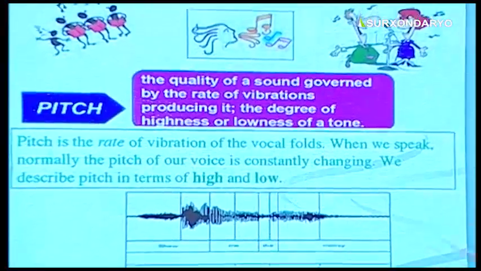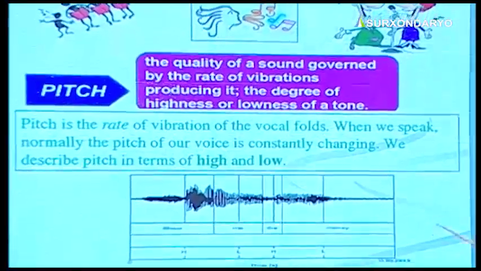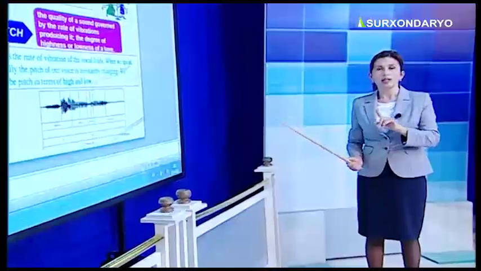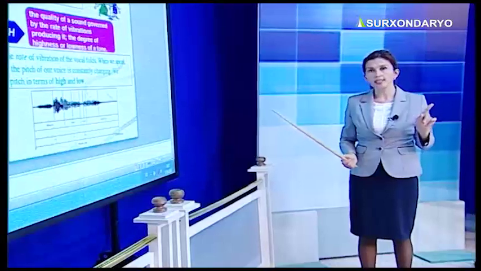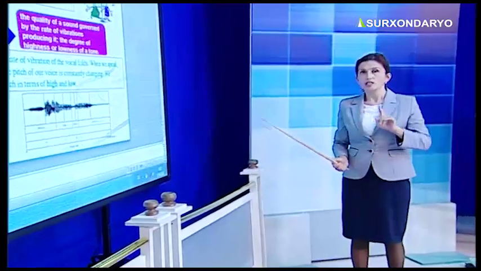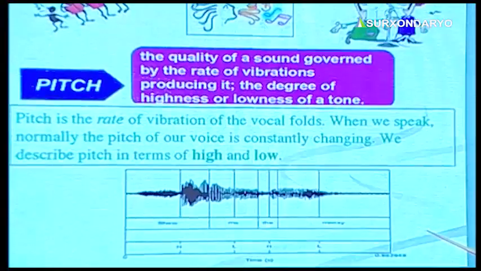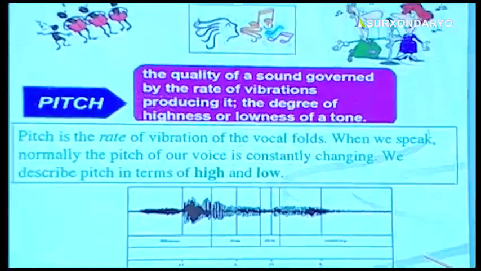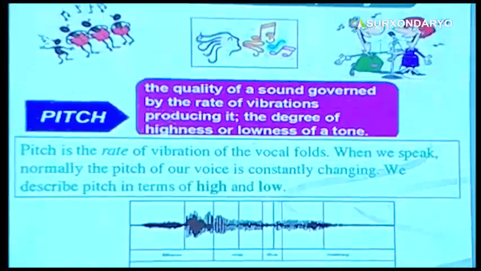From the classification of consonants and vowels, all vowels and voiced consonants are voiced sounds, and all voiceless consonants are voiceless sounds. So, when we pronounce all voiced sounds, we feel vibration in the vocal cords.